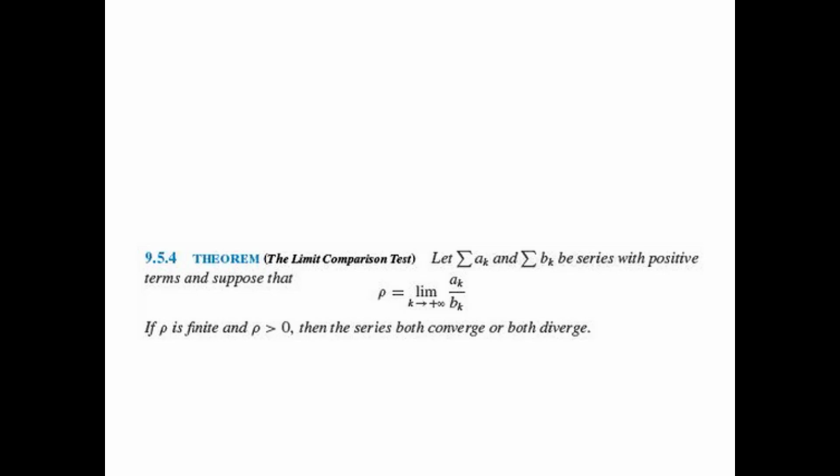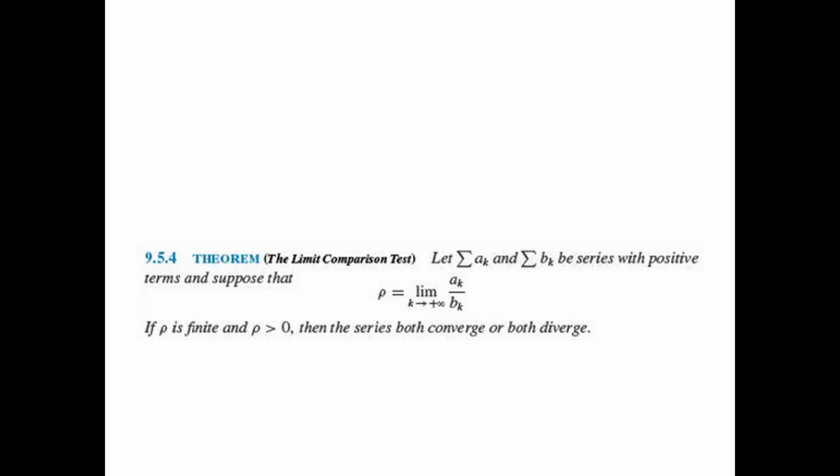But sometimes that doesn't work out so well. When the problems are a little bit tougher, rather than using the basic comparison test, we use the limit comparison test. So let a sub k and b sub k be series with positive terms, and suppose that the limit as k goes off to infinity of a sub k over b sub k is rho.